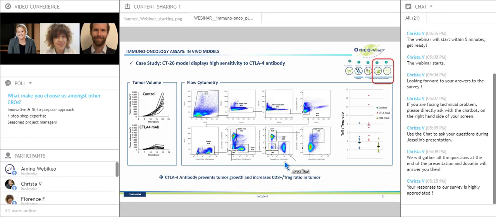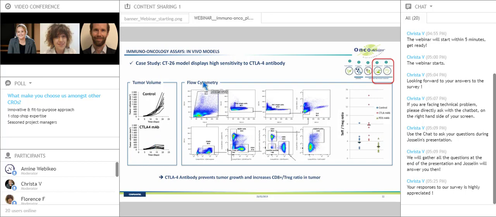This slide represents a case study of one model. It's the CT26 syngeneic model that was treated with a CTLA-4 antibody. You can easily see on the left part of the slide that when you follow the tumor volume, there is a huge difference between the control-treated group and the CTLA-4 treated group, with a decrease of the tumor growth.